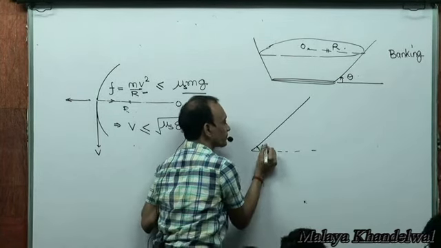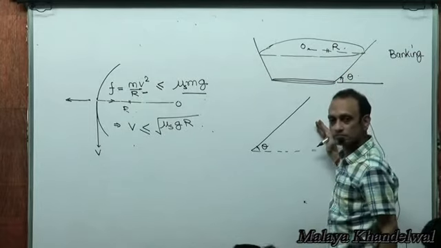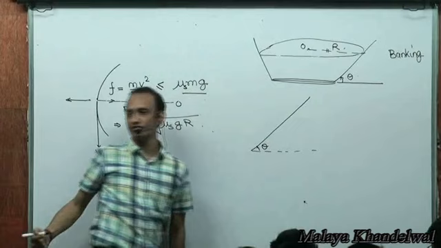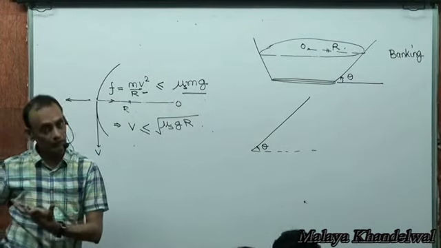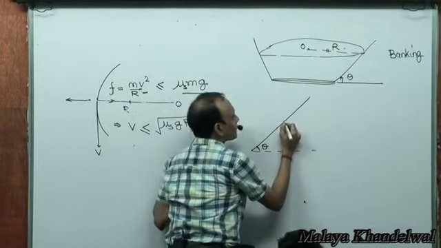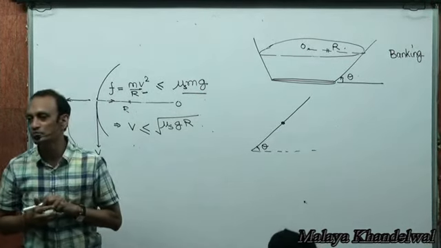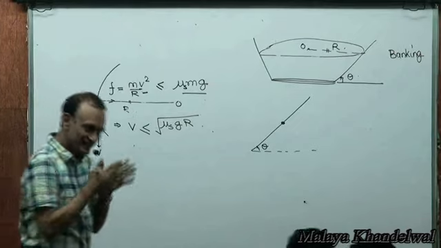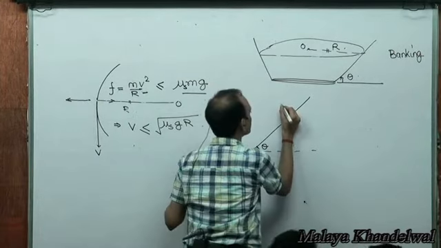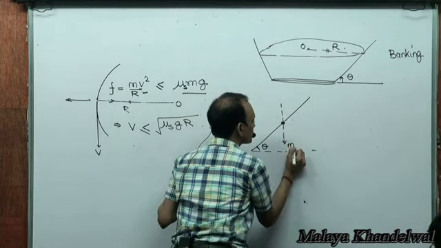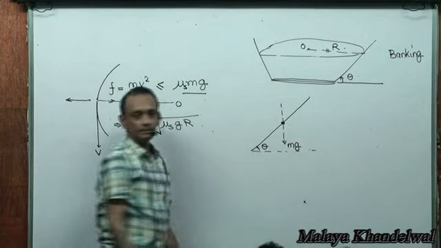This is my banked road. And I'm negotiating this circular trajectory of radius r with a speed v. For forces, I imagine myself or yourself to be a point particle for convenience. Weight acting downwards. Right?